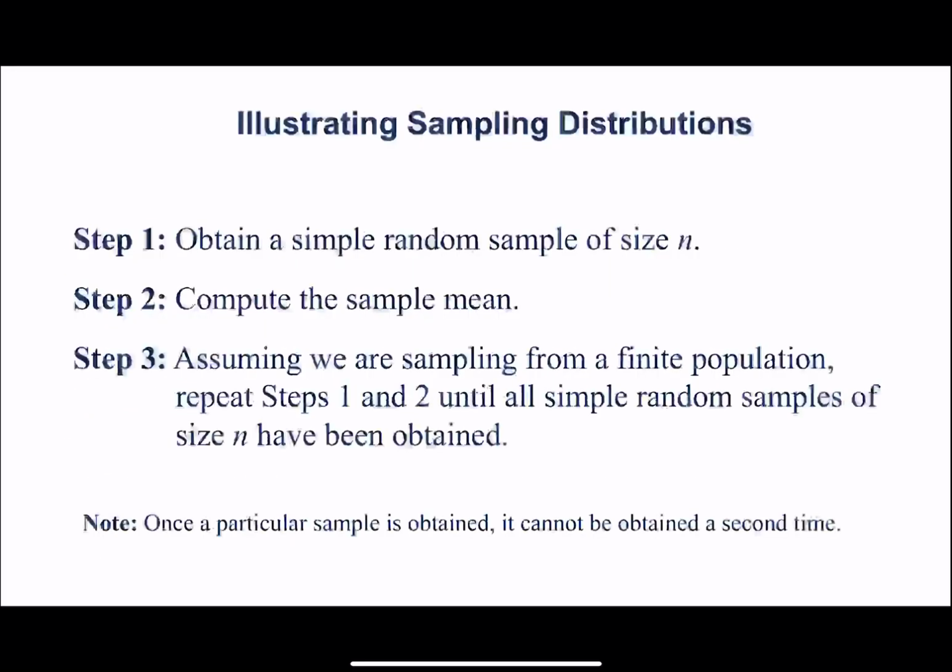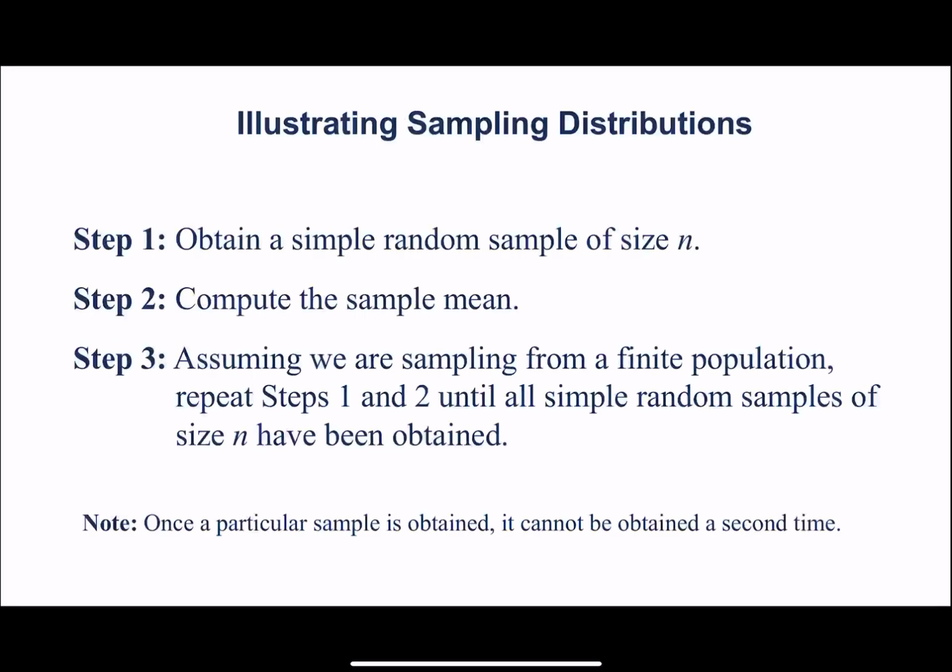So here's what sampling distributions look like. First you take a simple random sample of size n, so whatever number that is, compute the mean of that. Then assuming we're sampling from a finite population, do it again. Take another sample size n and find the mean of that. And then take another random sample size n, take another one, and keep going and going.